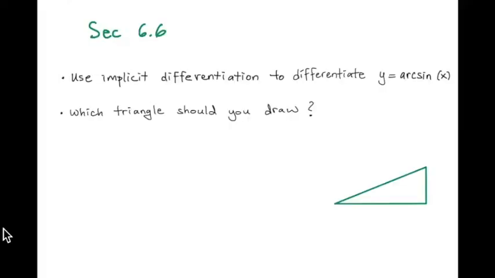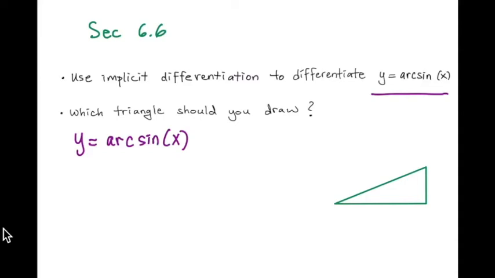The question from section 6.6 is what triangle to draw when you try to do implicit differentiation to differentiate y equals an inverse trig function. So I have y equals arc sine of x.